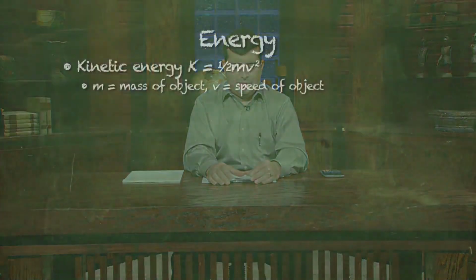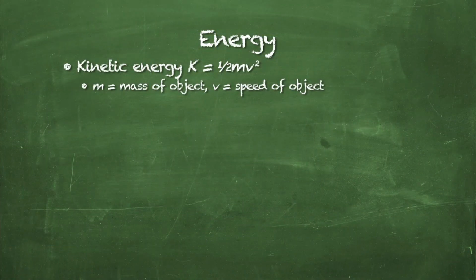We can just work with speed. That will simplify our calculation somewhat. So, when an object of mass m moves at a speed v, it has kinetic energy of 1/2 mv squared. That's our first form of energy that we'll consider.